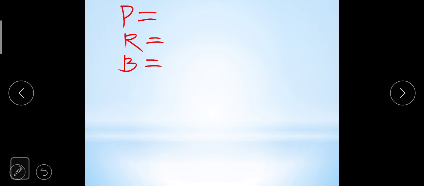For number one problem, what is 30% of 500? So, first, yung 30%, what is it? The P, the R, or the B? Yung 30%. Is that the P? Okay, yung R. Opo, bibili tayo. Okay, so 30% is our R.